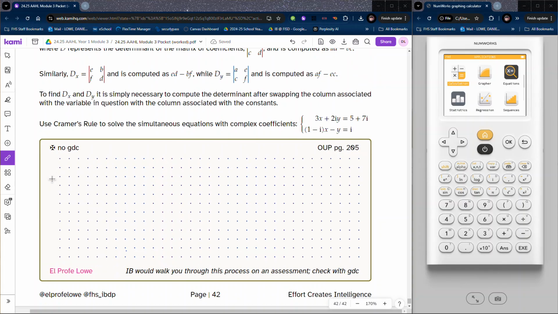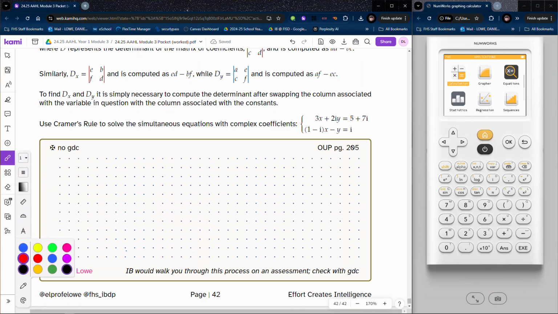All right, so let's see how we use Cramer's rule to solve this. Once again, the first thing that we have to do is compute our denominator, our main determinant, which is going to be given by the determinant of the matrix of coefficients.